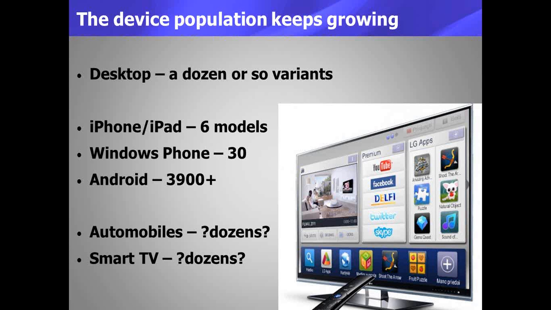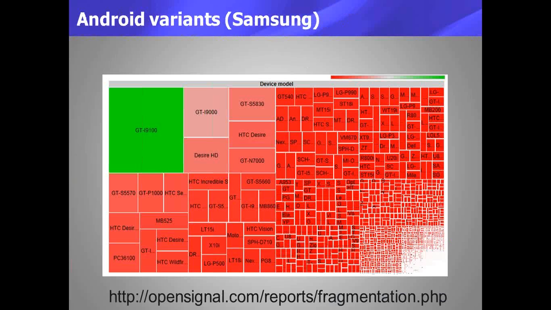We have the iPhone and the iPad with numerous models, Windows Phone, Android. Automobiles are places where we're having content presented to us as well, as well as smart TVs. Smart TVs being computers in and of themselves.